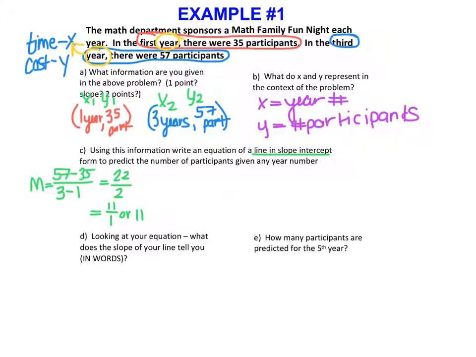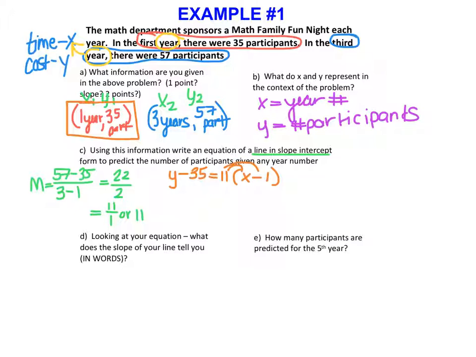Now I'm going to take this information, and I always start in point slope form. So that's y minus, I need to pick a point, so I'm going to pick this first point here. y minus my y-coordinate of 35 is equal to my slope times x minus my x-coordinate of 1. That is point slope form, and I then need to rewrite it into slope-intercept form.